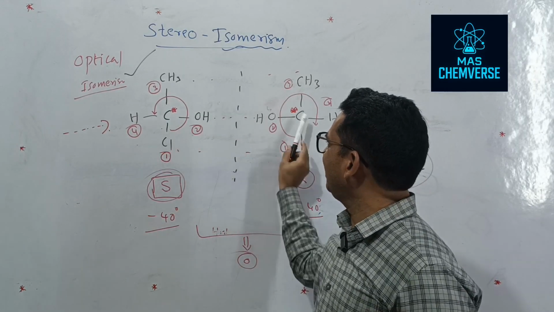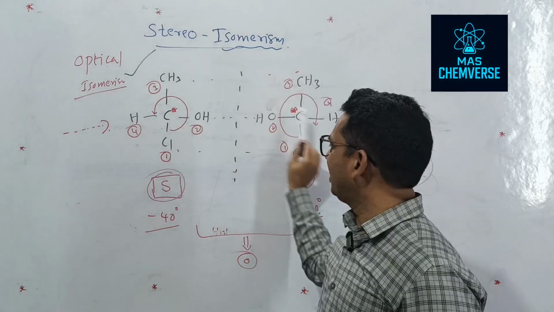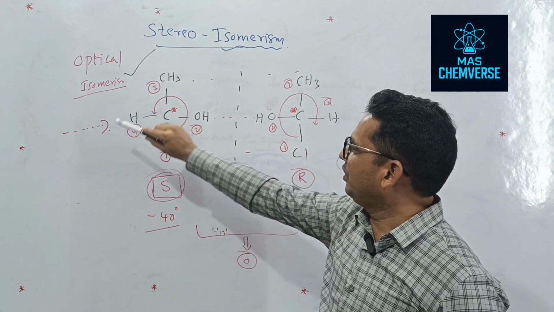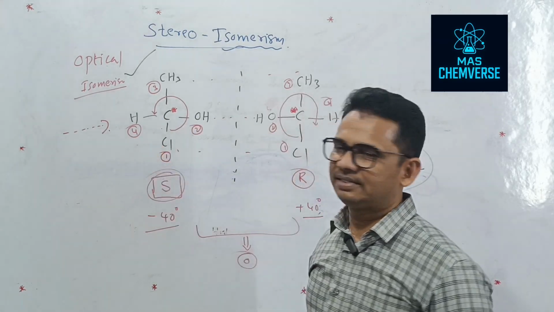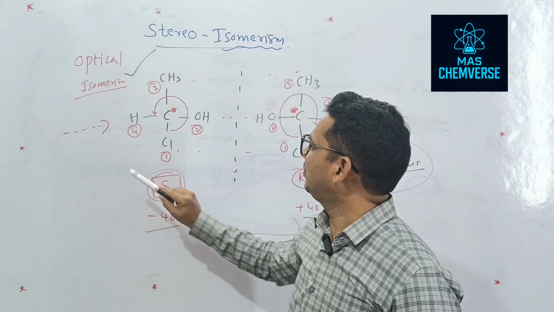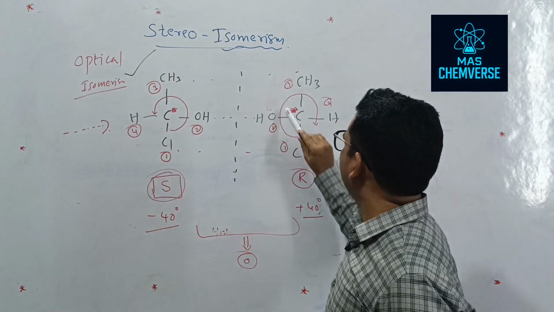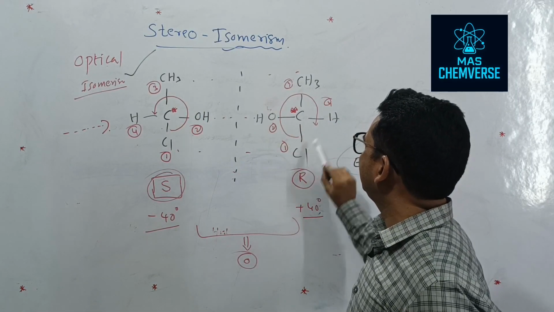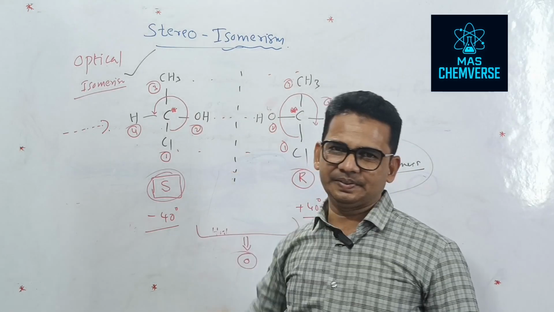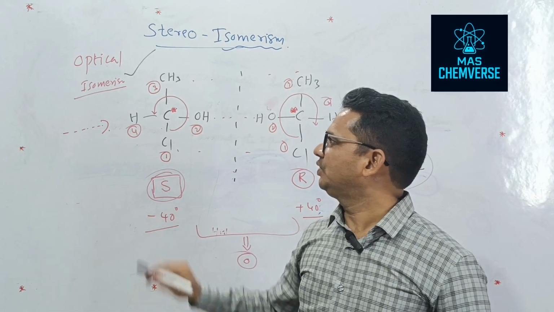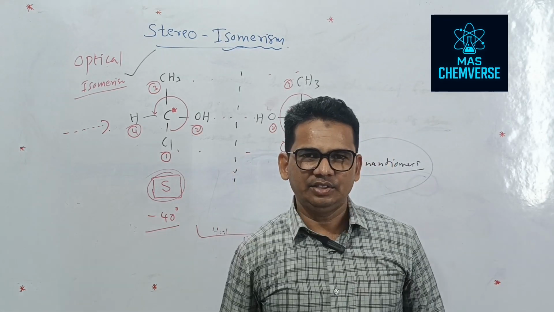What is the difference here? Both have the same chemical formula. Only when we send plane polarized light, one rotates to the left side, another rotates to the right side, based on the priority of the groups. Okay, that's why it is called optical isomerism.